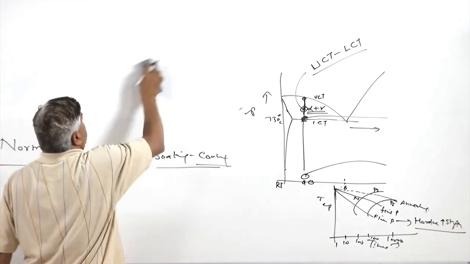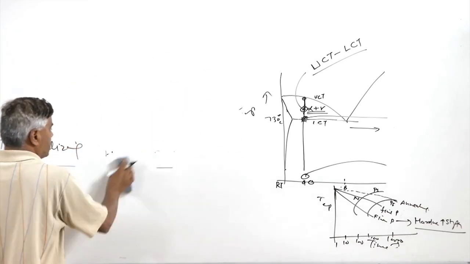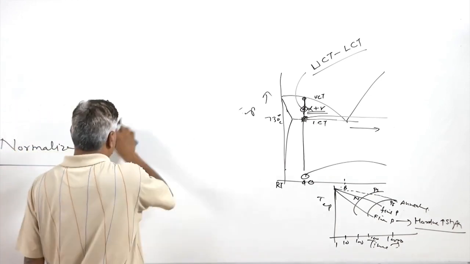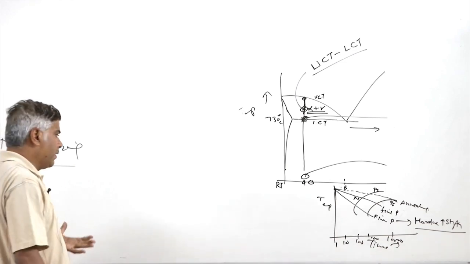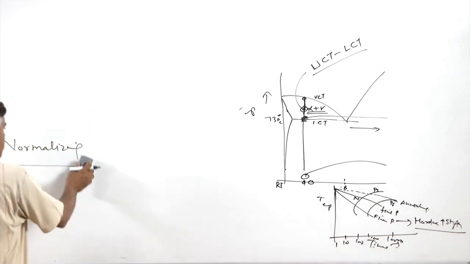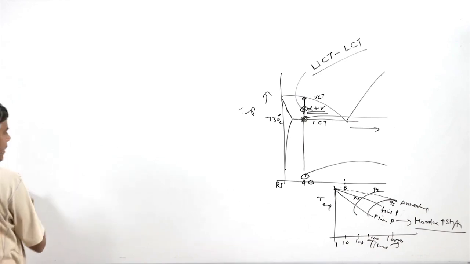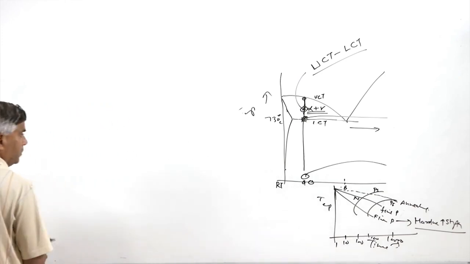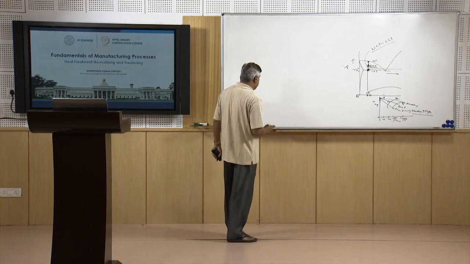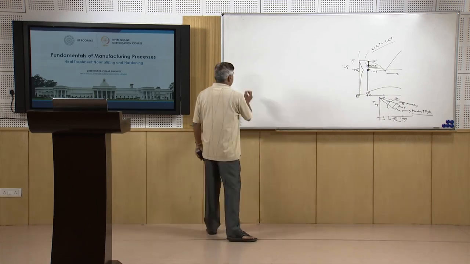In that case we may have to reduce the cooling rate using suitable methods. Either we can use hot air, or we can just cover the sample after soaking under heat resisting materials, so that the cooling rate can be reduced and unnecessary martensitic transformation can be avoided.